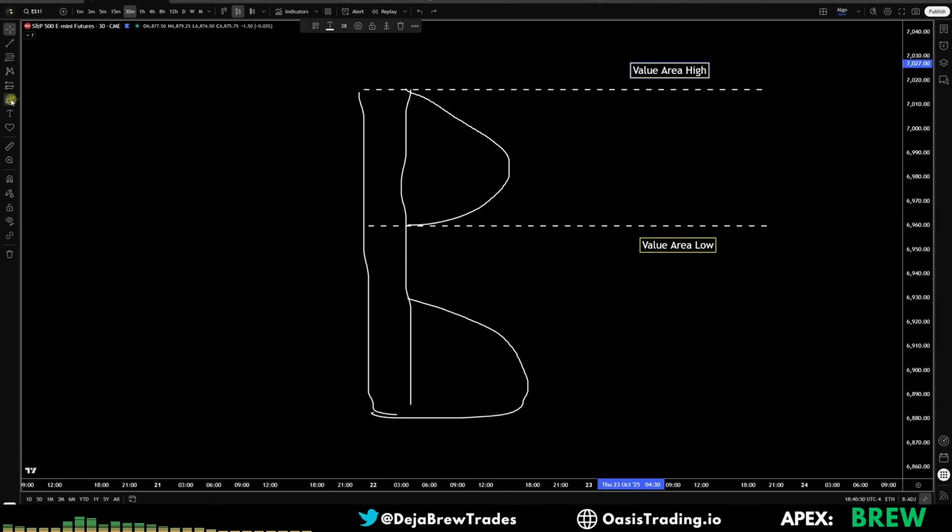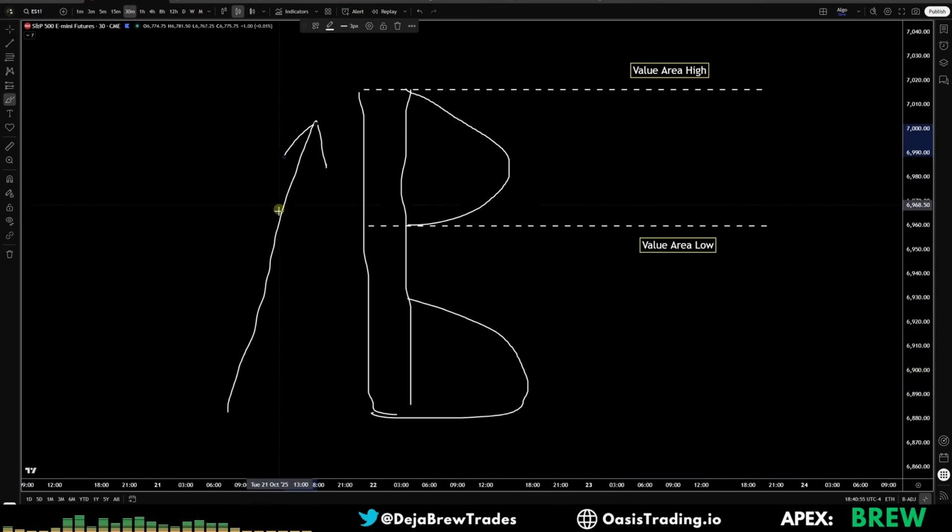So with market profile, we have what's known as single prints, where you're moving very aggressively in one direction and you create single prints in that area that you are moving very aggressively through, typically where they line up with LVNs.